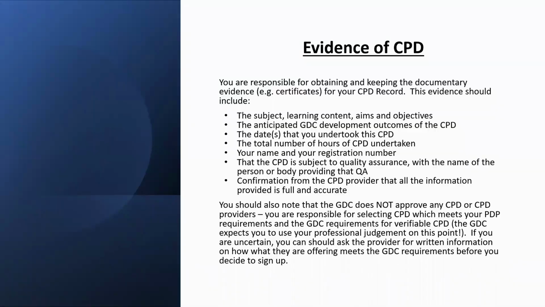So then you have to have evidence of CPD, and you're responsible for obtaining and keeping the documentary evidence. Basically, this means certificates. So the certificate should include the subject, learning content, aims and objectives, the GDC development outcomes, the date that you did it, the hours that you spent doing it, your name and registration number, that the CPD is subject to quality assurance, and the confirmation that all the information is full and accurate.